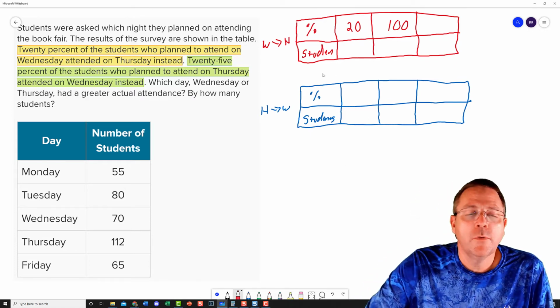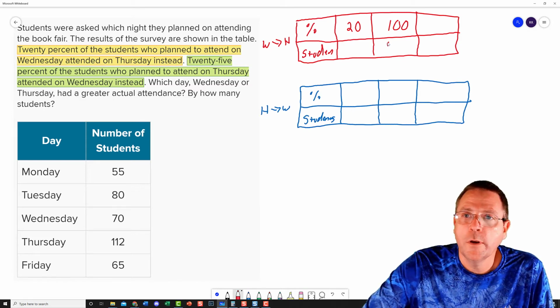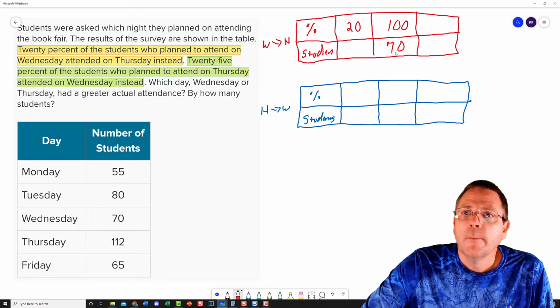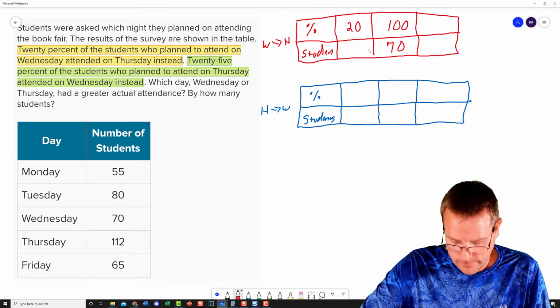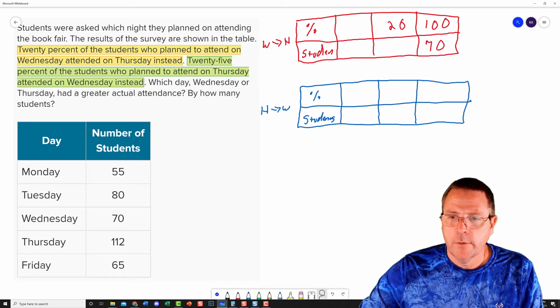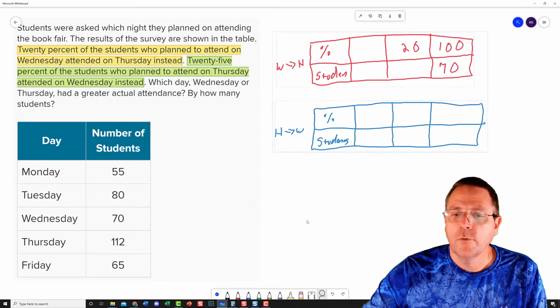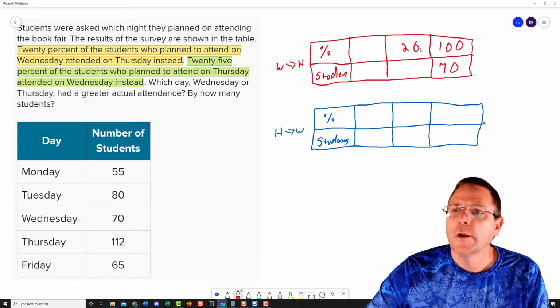And I know that 100% of the students that planned to attend on Wednesday was going to equal 270. But alas, those numbers don't work real well there, so let's move everything over. There we go. That's going to do a little better. Let me move my stuff down just a little so I have some more room to work, and now we are ready to go.